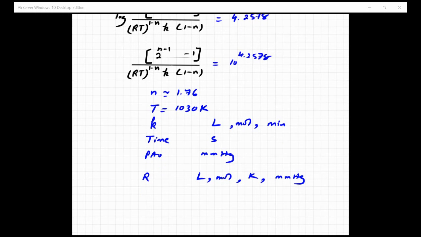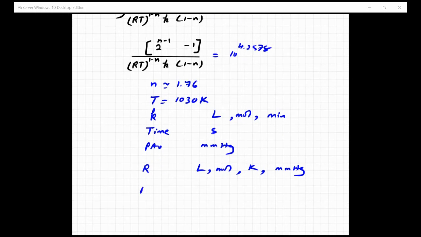So the R will be 62.36, in liter millimeter mercury per mole Kelvin. Okay, so this is our R.